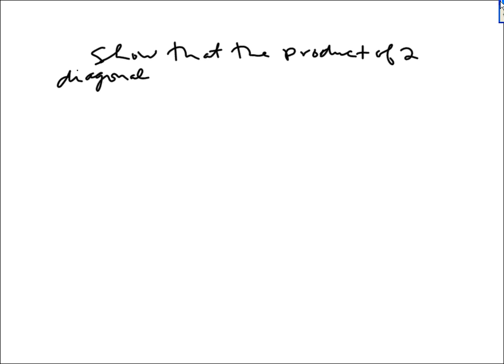Okay. So let's formally state it. Show that the product of two diagonal matrices is a diagonal matrix.